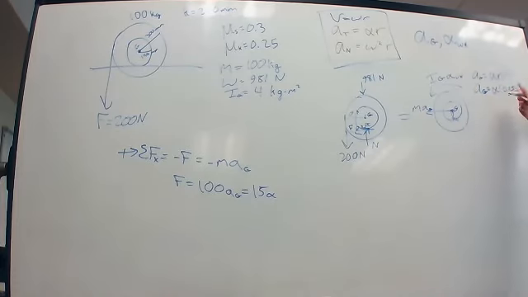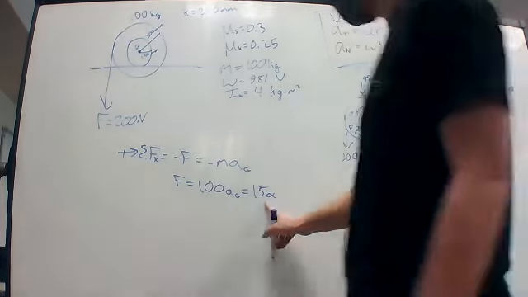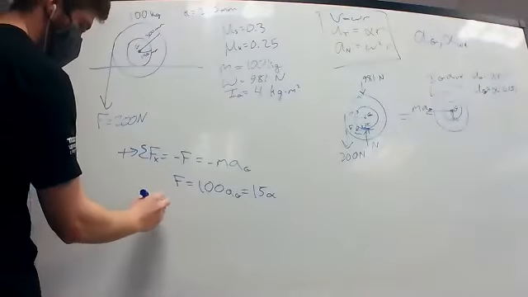So they say AG is equal to alpha times 0.15. So that's how they get F equals 15 alpha.